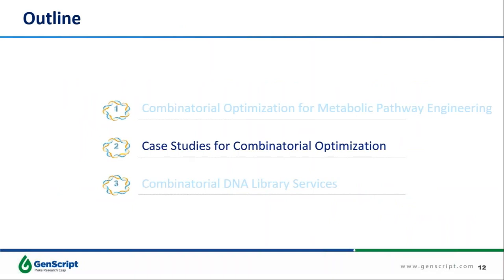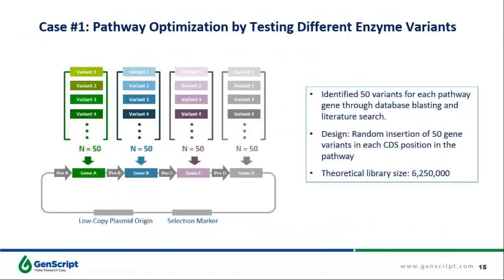Now let's get into the second part. In this part, I would like to show 2 cases to illustrate how to design and implement a combinatorial optimization project. In the first project, our client has constructed a 4-gene metabolic pathway in yeast cells to convert a substrate to a precursor of a small molecule drug.